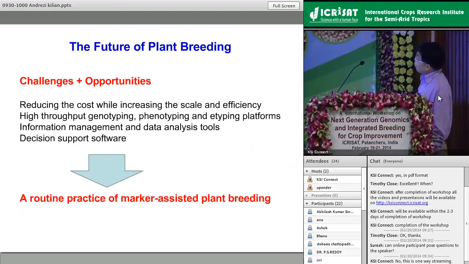By the end, we have lots of challenges and opportunities. For example, we reduce the cost and increase the scale and efficiency through high-throughput genotyping, phenotyping, e-typing, and the information management and supporting system. With that, we can have a routine practice of marker-assisted plant breeding.